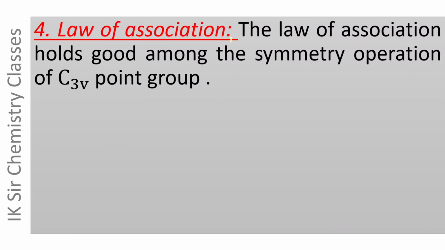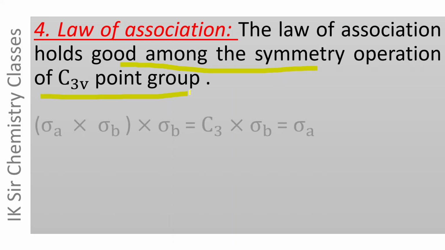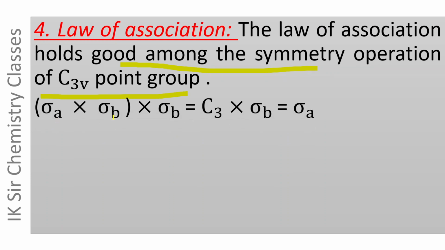And the law of association. The law of association holds good among the symmetry operations of C3v point group. Let us multiply sigma A, sigma B and sigma B symmetry operations in two ways. In first way, sigma A is multiplied by sigma B first of all, and their product is C3.